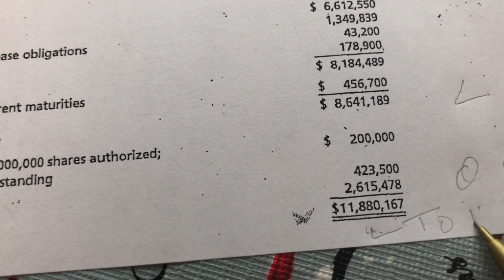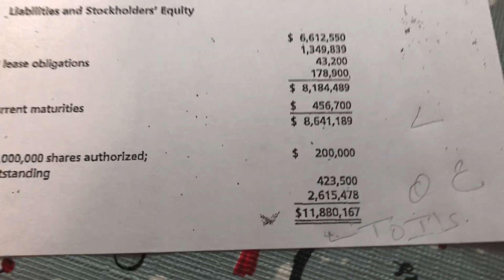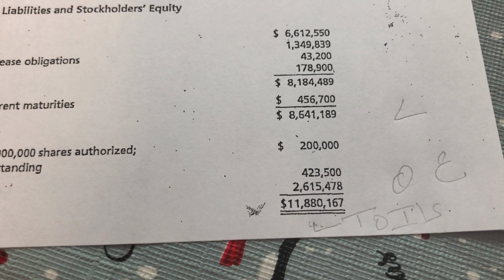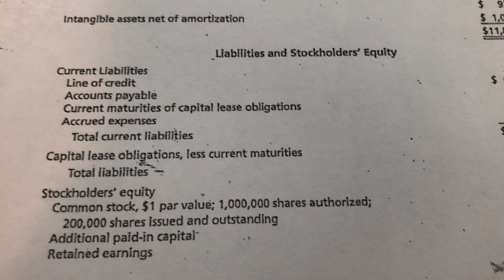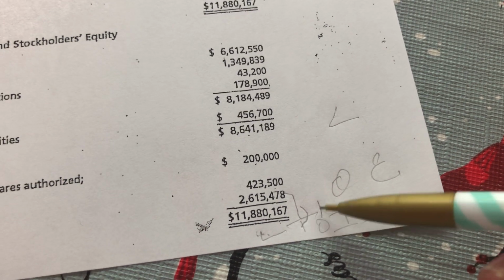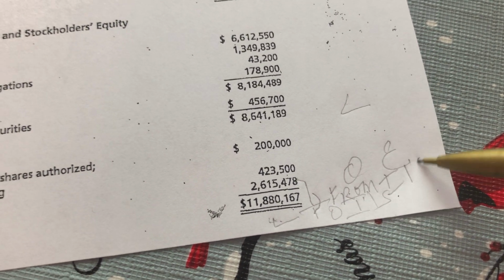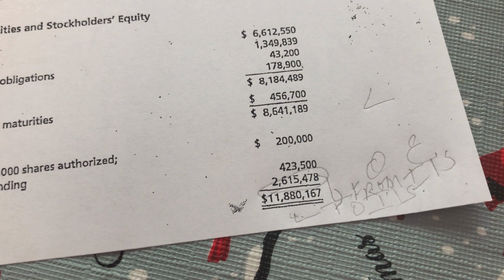That's going to go to your income statement over here, or from your income statement. I'll show you how we get that. Actually, you do your income statement first and then your balance sheet. But this came from your retained earnings right here. It's going to come from your income statement. So this number will come from your income statement.